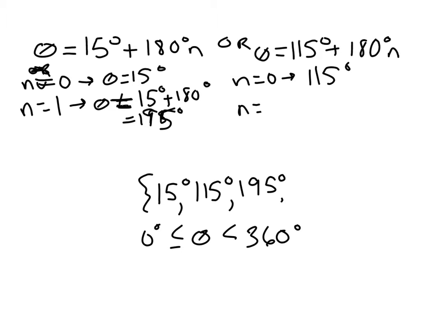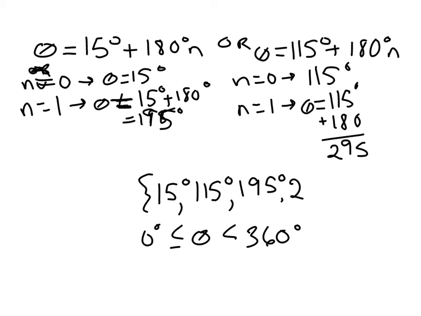What if I go over here, n equals 1? Then theta is 165 plus 180. I'm going to write it vertically like we do in grade school, so this adds up to 345, right? And that is still between 0 and 360 degrees. Okay, but we're getting closer to 360.